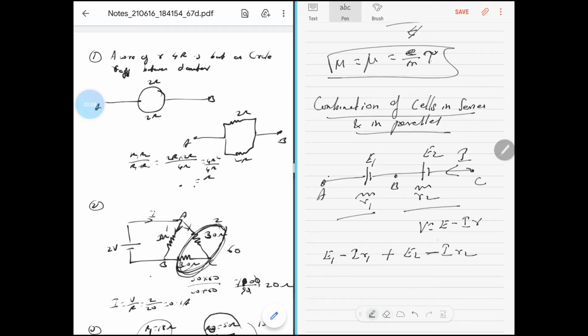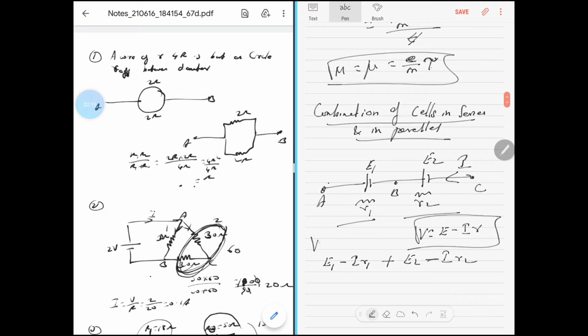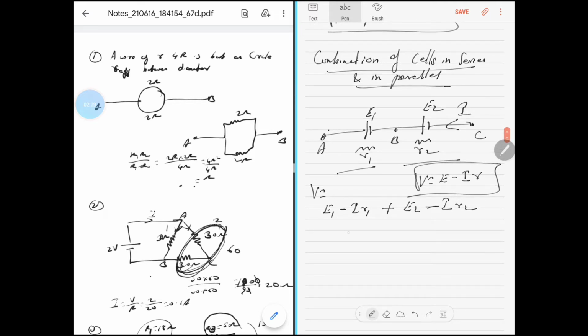Applying this formula which forms the basis of this lesson, V is equal to E minus IR, the total potential is E1 minus IR1 plus E2 minus IR2. Combining E1 plus E2 together and minus I into R1 plus R2 together, you get a format like V is equal to E minus IR.